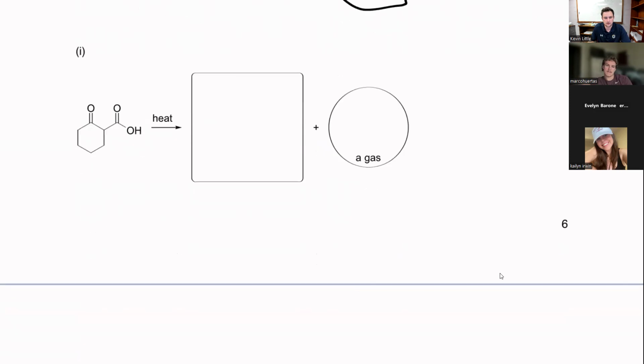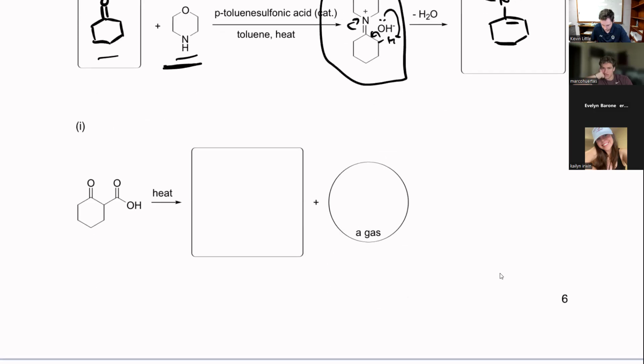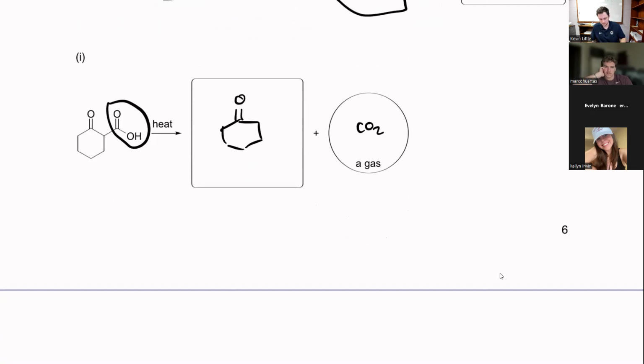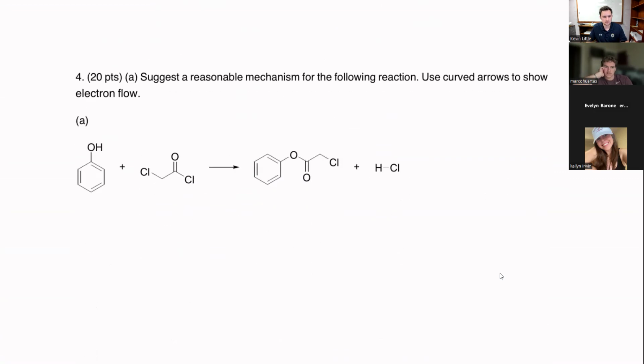You would form that by the OH taking the hydrogen and then pushing the double bond up, correct? Exactly. This isn't a reaction that we've talked about, but essentially heat releases CO2 here. So this is your CO2. Not really going to talk about that in this class. So this is one of the ones where you would just not know if you didn't take Orgo 2.